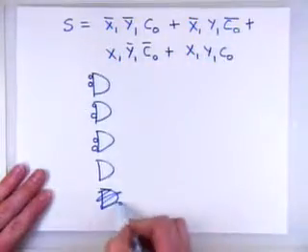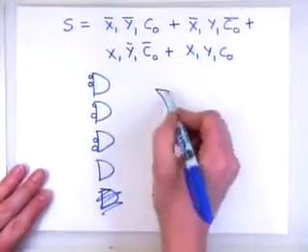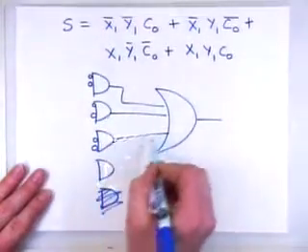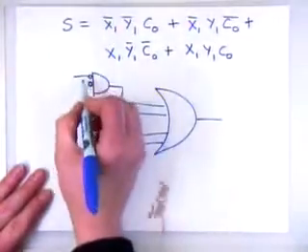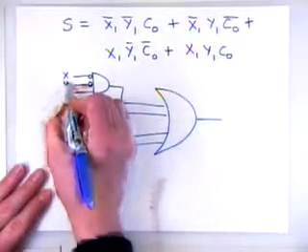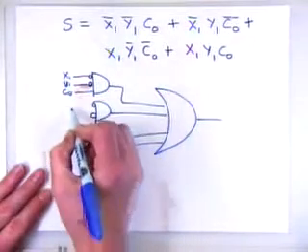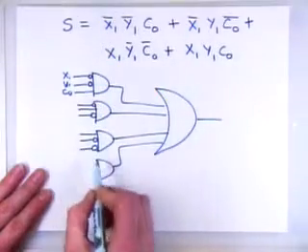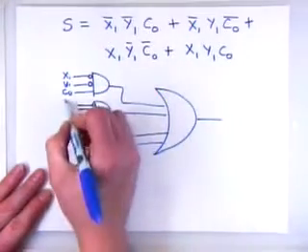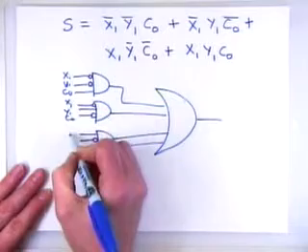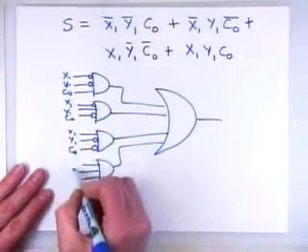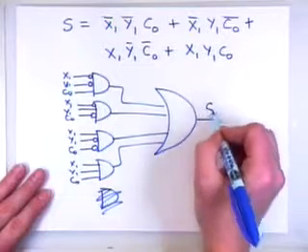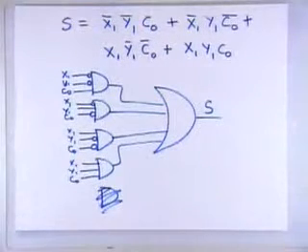Oh, I don't need 5 AND gates. I need a big OR gate here. So there's a circuit for S.